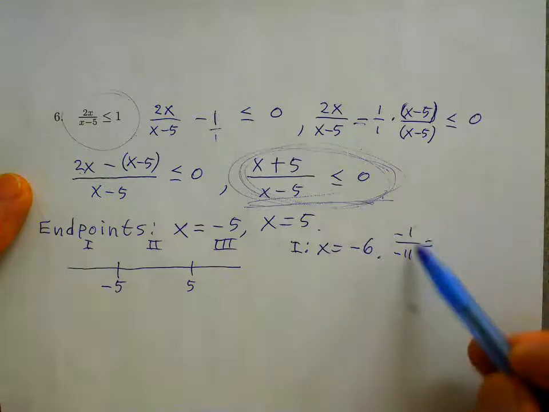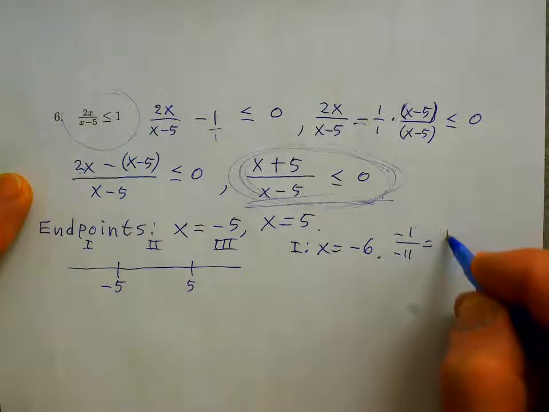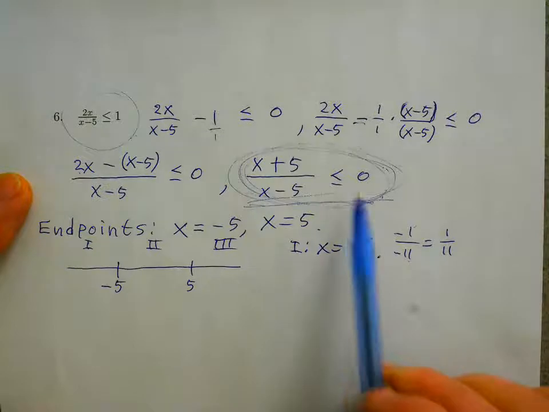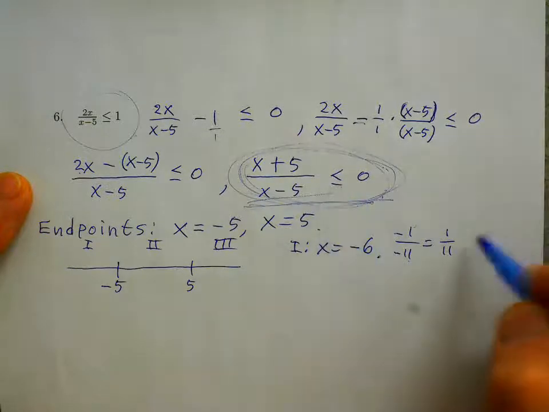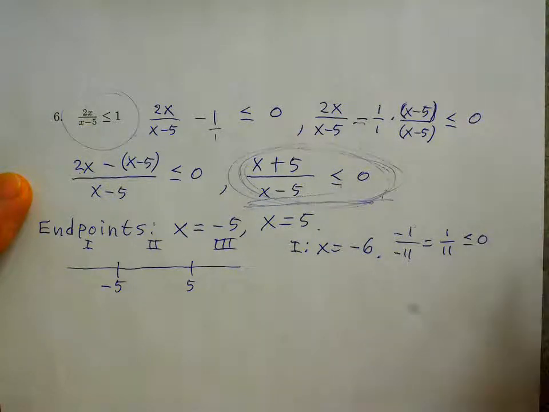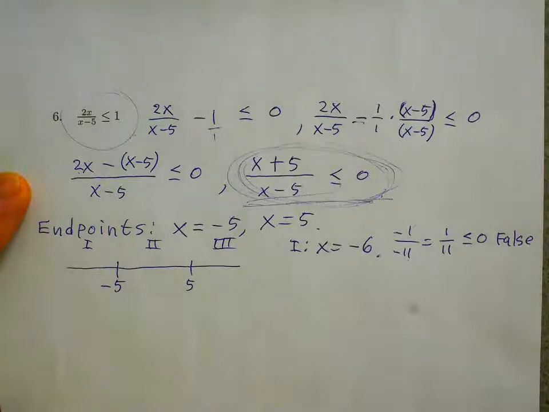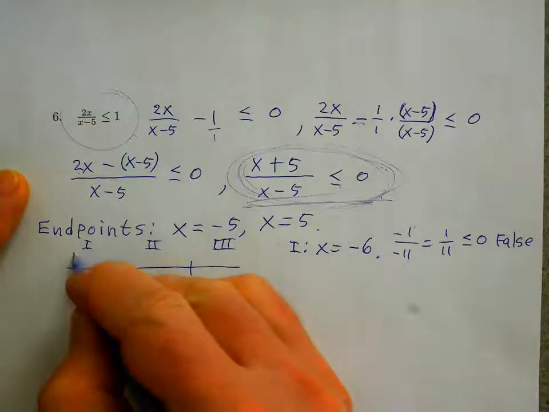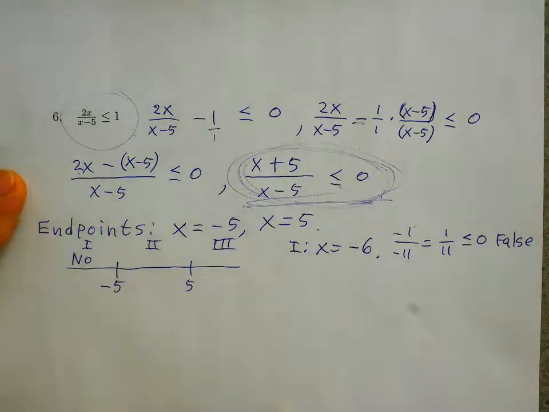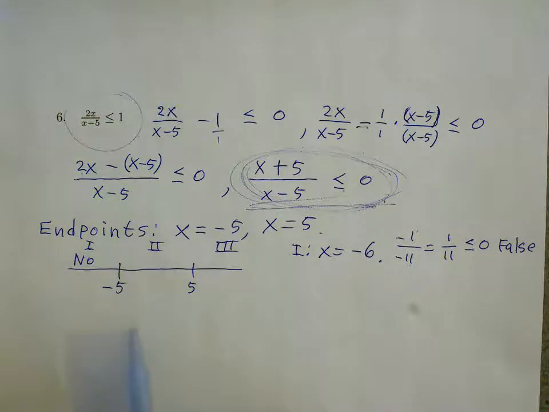Negative 1 divided by negative 11 is positive 1/11th. And then the inequality is less than or equal to 0. And that is false. So none of the numbers from negative infinity to negative 5 are solutions.